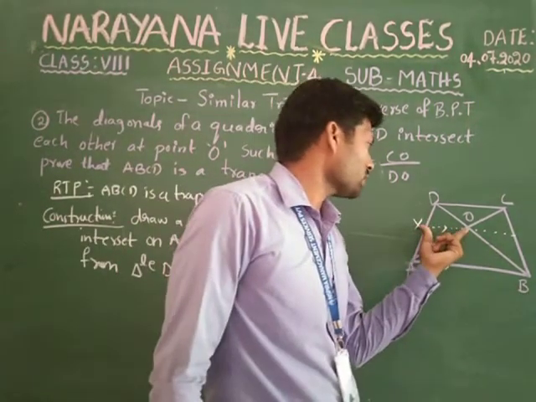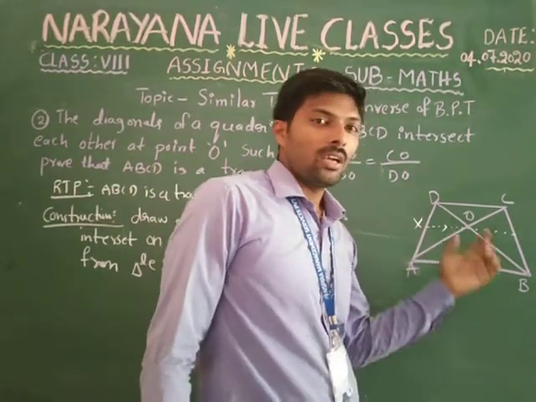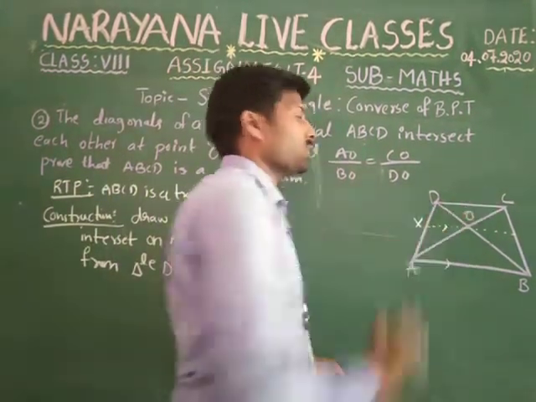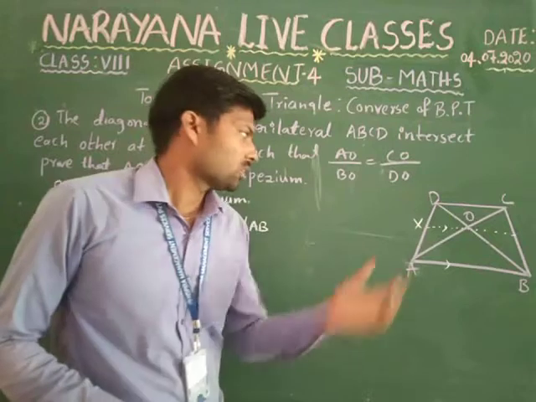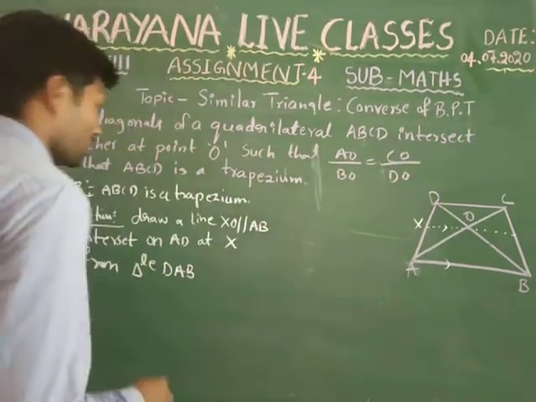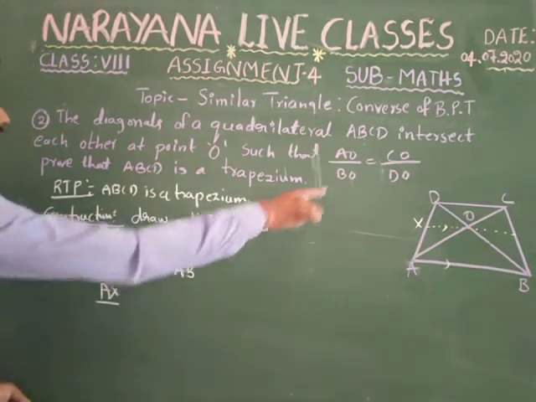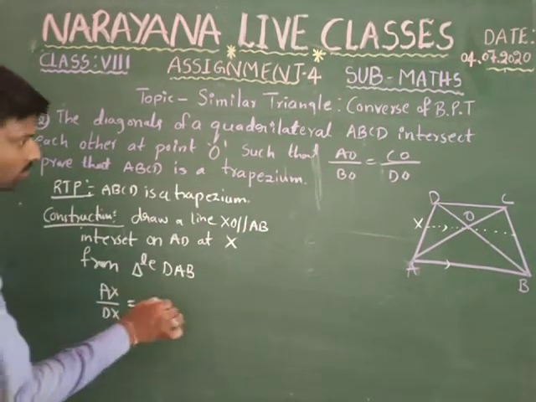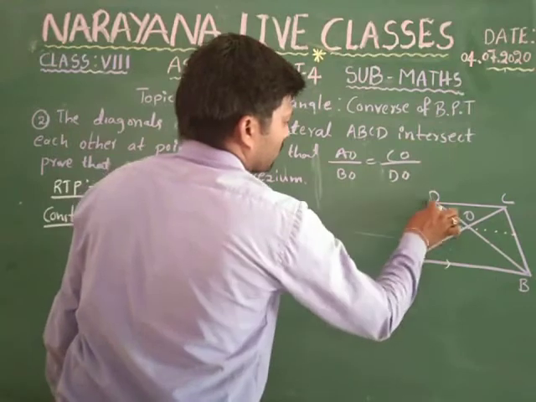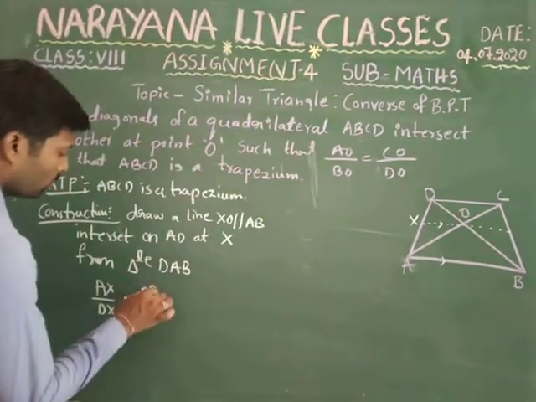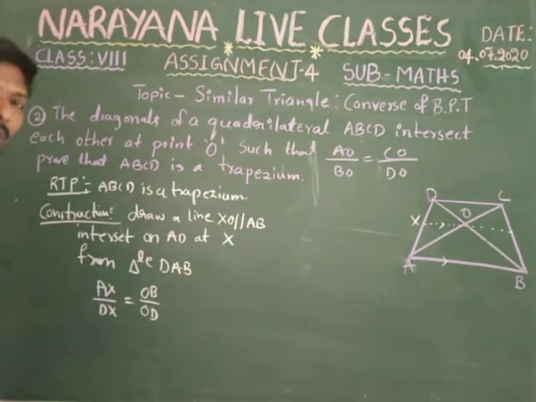So from triangle DAB, if the line XO is parallel to AB, according to the basic proportionality theorem, this line will divide the remaining two sides in the same ratio. We write that ratio with corresponding sides: AX by DX is equal to OB by OD.